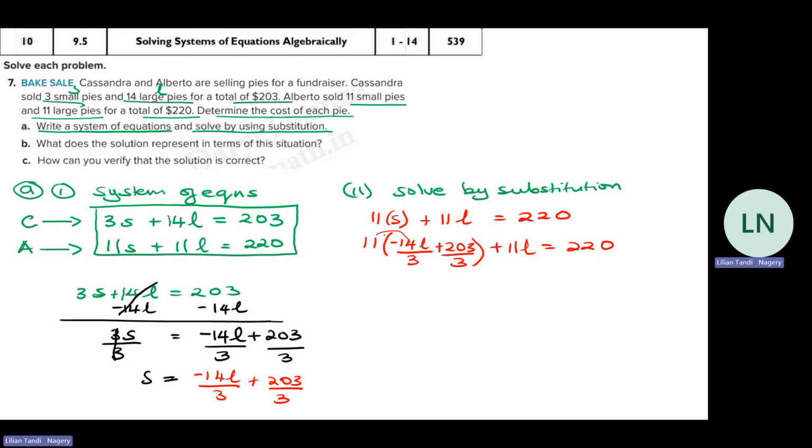So I'll do the distributive property. I should get negative 154L over 3 plus 2233 over 3 plus 11L equals 220. Okay? Then what do I do now? I subtract and combine like terms.